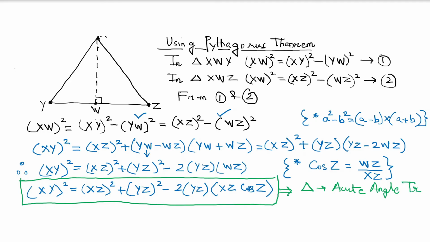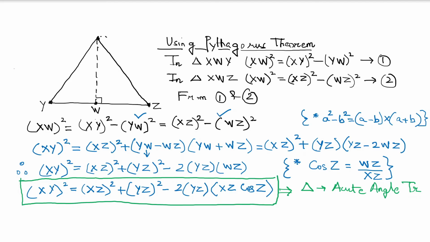And when it is an obtuse angle triangle, the only difference that you can see here would be, instead of this minus 2YZ, it would be plus 2YZ. And that is something that we have already discussed in two different sessions on acute angle triangles and obtuse angle triangles, how to find out with the help of the sides.